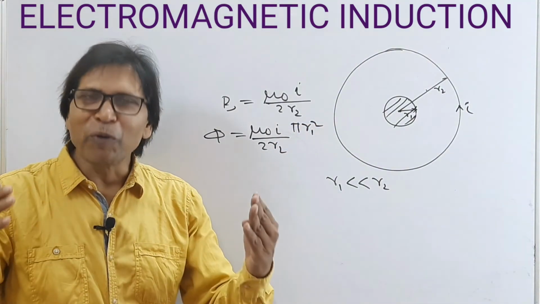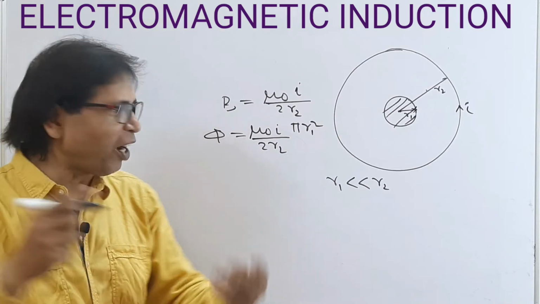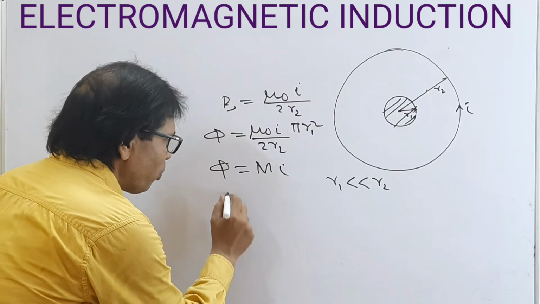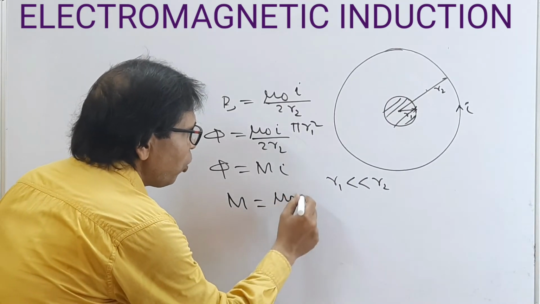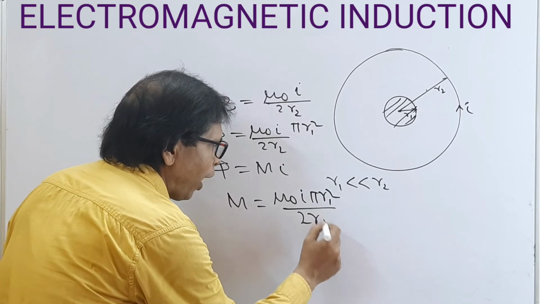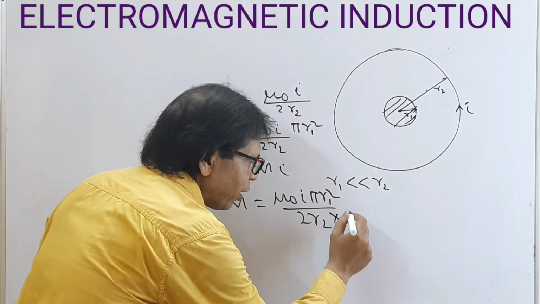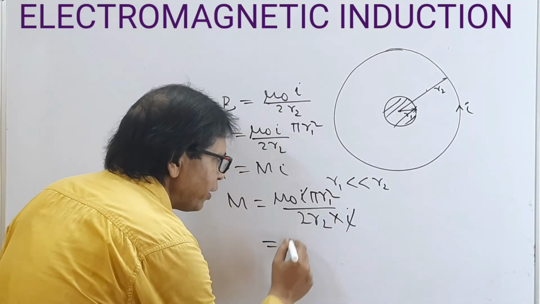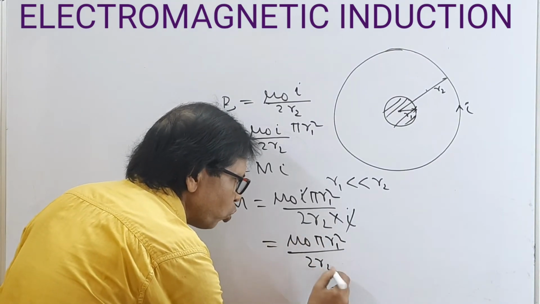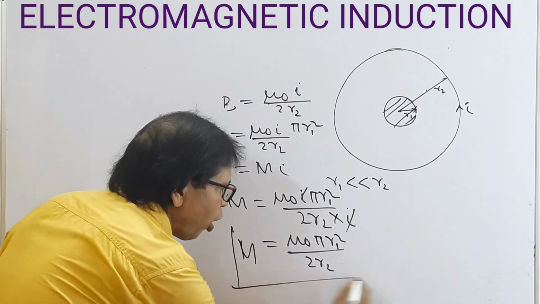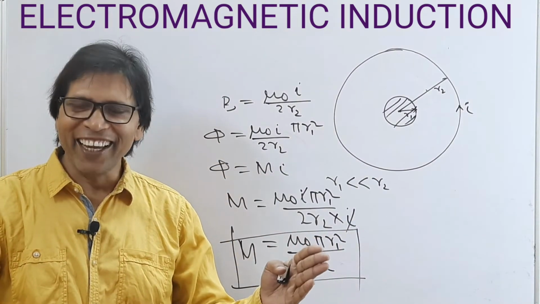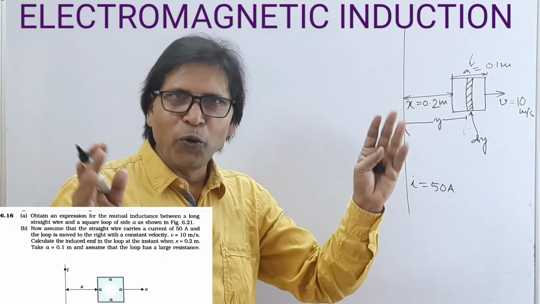Now we know phi equals M into I. Therefore M equals mu naught I pi R1 square by 2 R2 divided by I. So mu naught pi R1 square by 2 R2 is the magnitude of mutual inductance between the two coils.